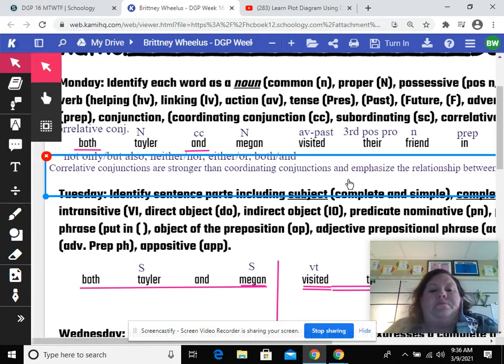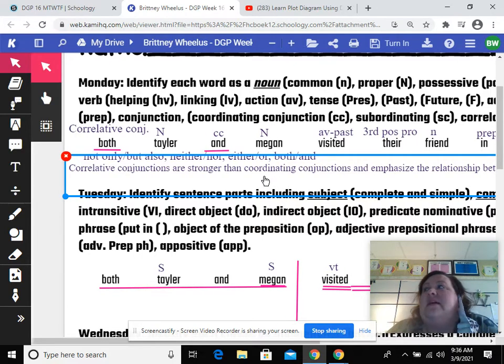All right? So both is what we call a correlative conjunction. And I typed it out just because this is our first time dealing with it, but you can do CORR.